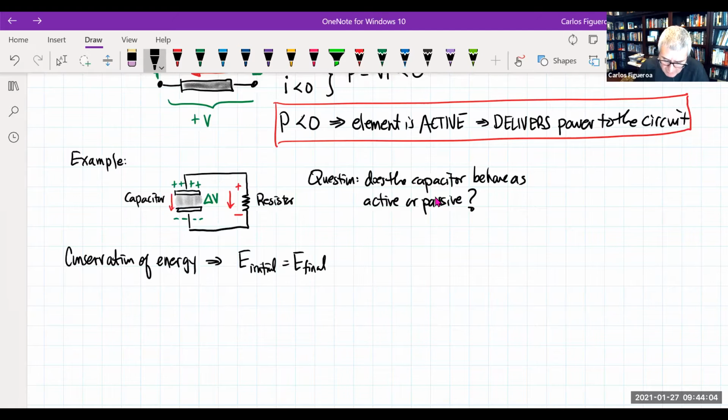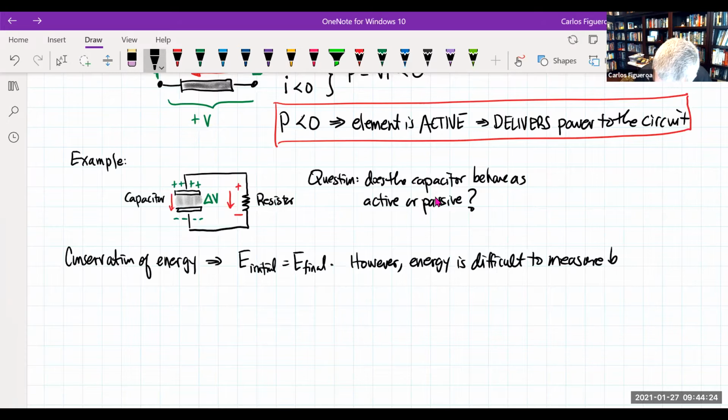But remember, energy is really difficult to measure, but we know that energy is proportional to power.